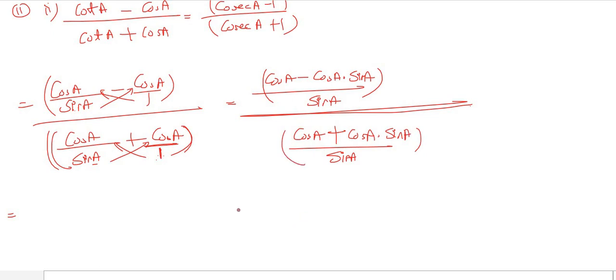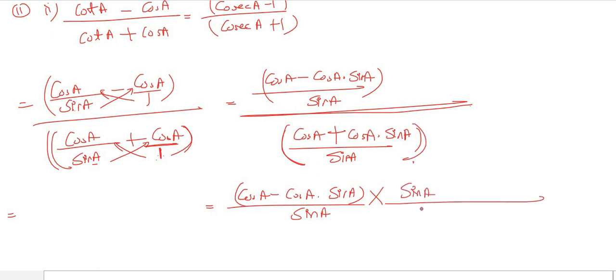Okay. So how do we simplify it? It will be (cos A minus cos A sin A) by sin A, into the denominator flips and comes up. This will flip. So it will become sin A by (cos A plus cos A sin A). Okay. Now what? This sin A and sin A will cancel.